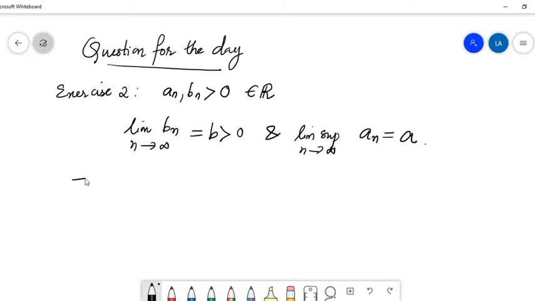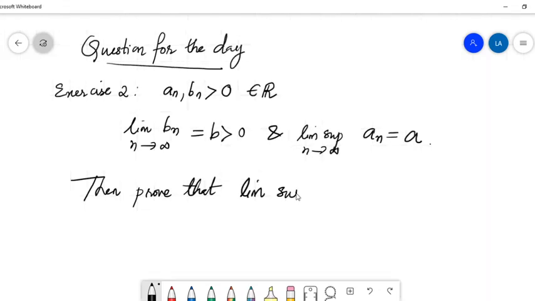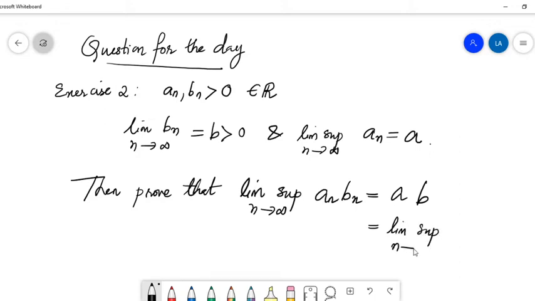Suppose we know this, then prove that limit supremum n tends to infinity an into bn is equal to a into b, that is equal to limit supremum of n tends to infinity an into limit n tends to infinity bn.